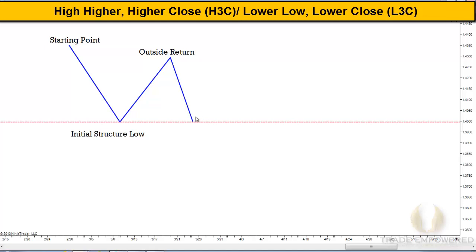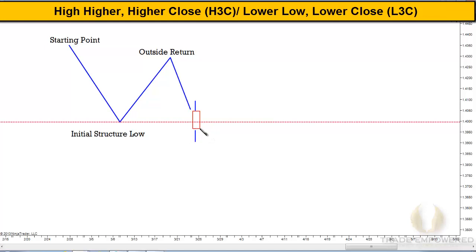So again, if the market is rolling down to this level and we're looking at our candlestick, if we were to get something like this at this level, where the market breaks below, giving us a lower low, but we don't close below that level, then we can't say we're in a bearish trend.